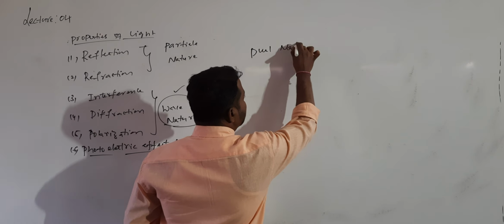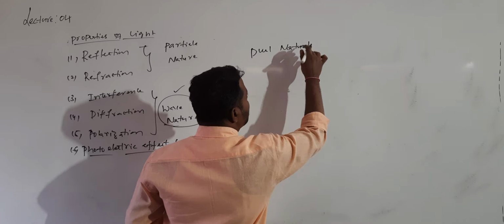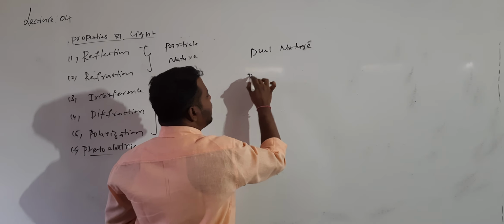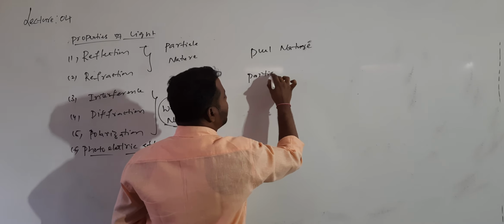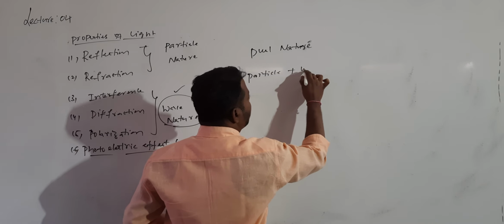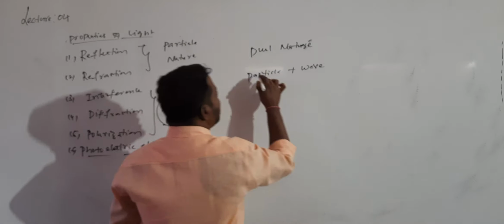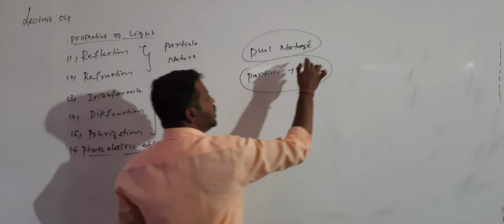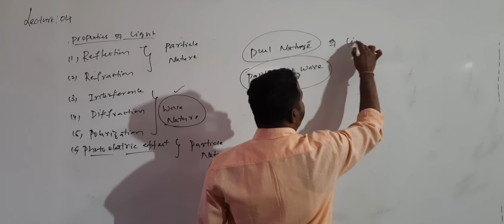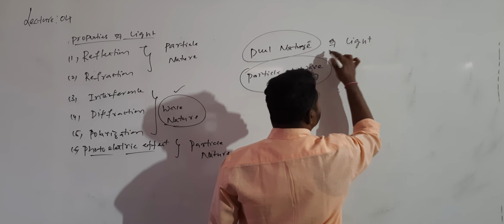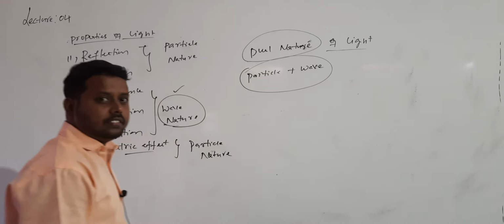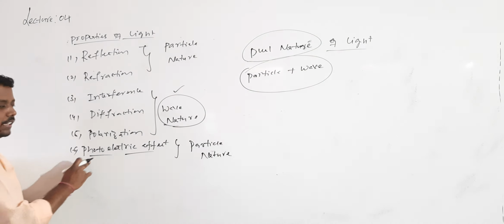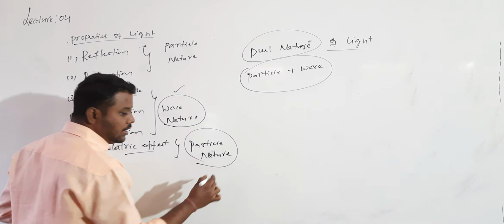So light will exhibit a dual nature. Dual in the sense of two. For explaining some properties, light will act like a particle, and for explaining others, like a wave. So together light acts as both particle and wave. This nature of light is called the dual nature of light. What is the conclusion? According to Einstein's theory of the photoelectric effect, light is of particle nature.